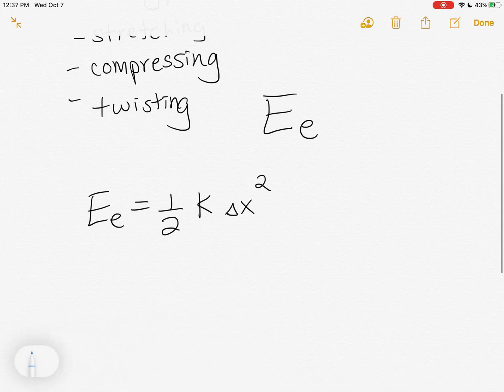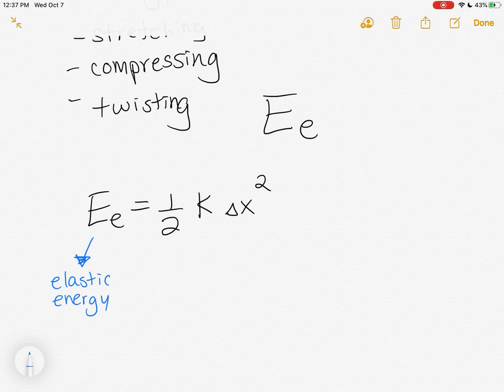With this formula, there's a couple of things we can talk about in terms of what they mean. So EE, of course, stands for elastic energy, and that's going to be measured in joules, just like we measure every type of energy, okay?